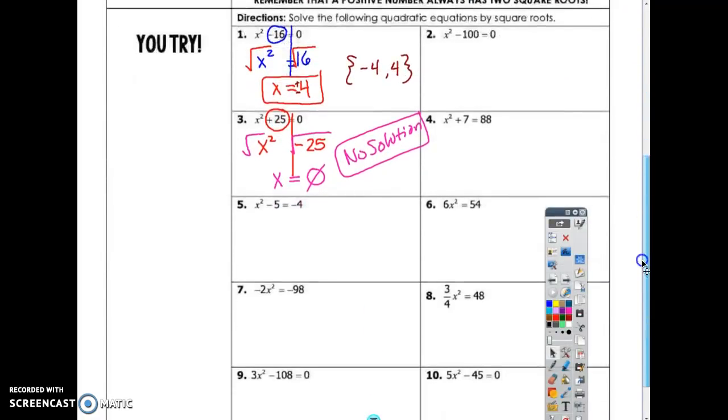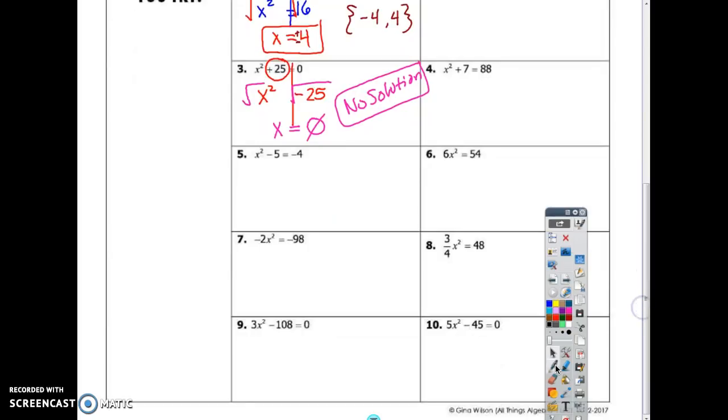Let's do another one. Problem number 5. I'm going to move this over, change the sign. So it becomes a plus 5. What's negative 4 plus 5? Negativo 4 más 5.